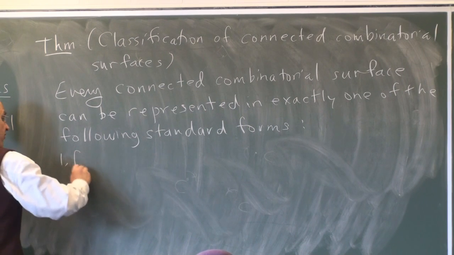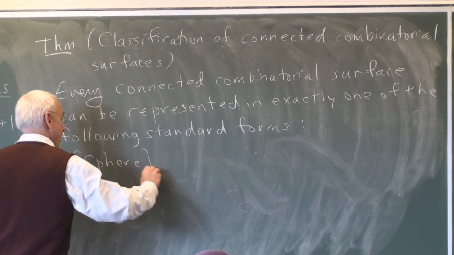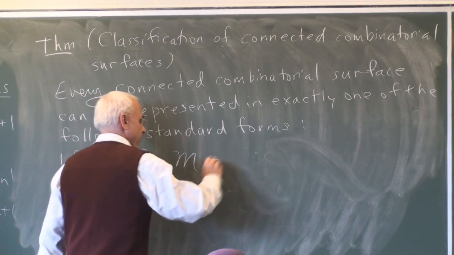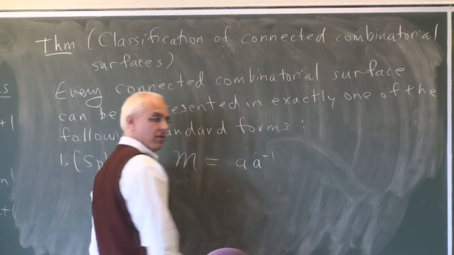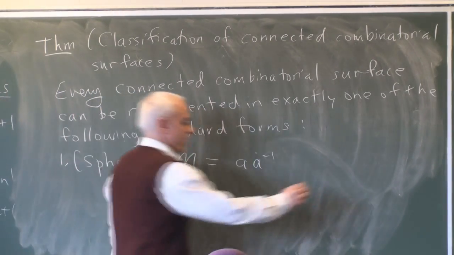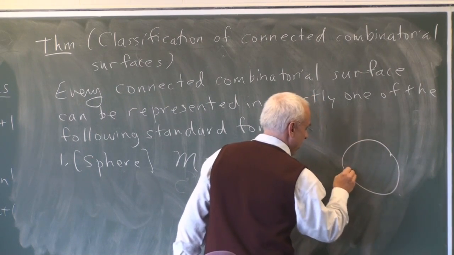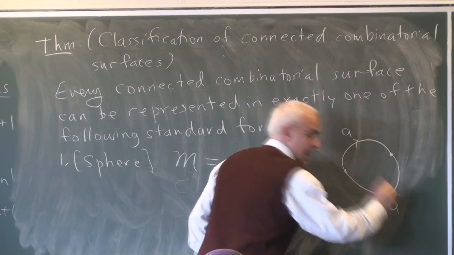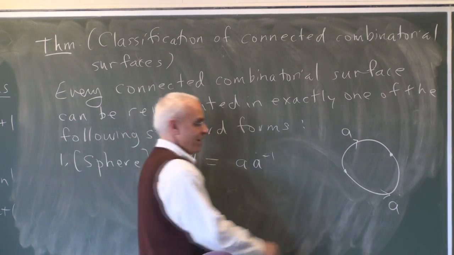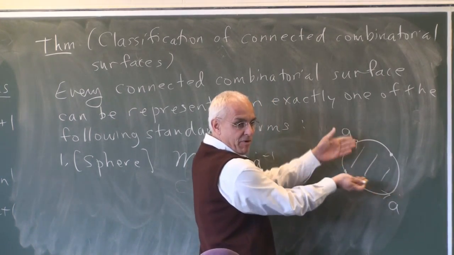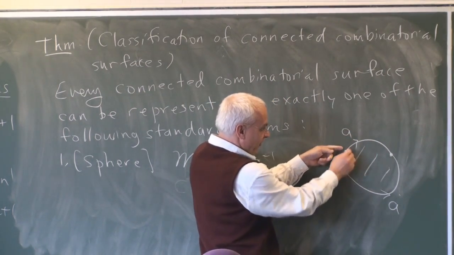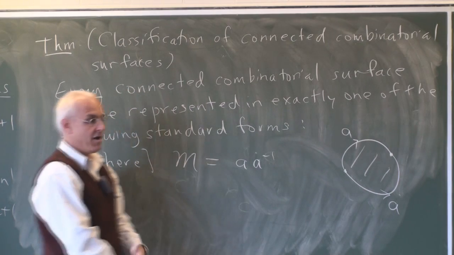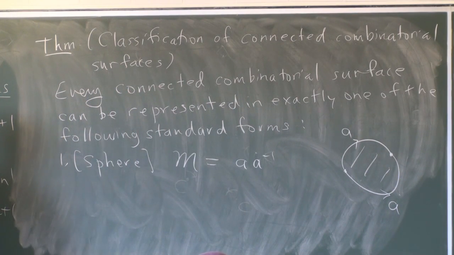So the first is the case of a sphere. And a sphere has representation A, A inverse. Okay. That's the case where we have an A like this and an A like this. So if you think of that polygonal surface, and you remember if we glue those edges together, then you have to glue this to this, this to this, and that's going to form a sphere. So that's a polygonal or combinatorial representation of a sphere. That's our basic, most simple surface, so that's certainly one possibility.